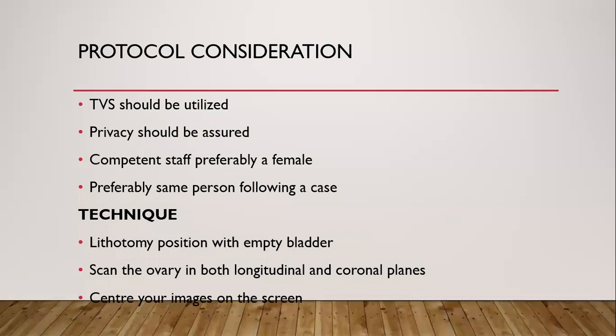Let's say transabdominally a cyst is measured at probably 2 by 2 centimeters. When you measure it transvaginally, it will be slightly higher. So we want the assessment or monitoring to be as close to accurate as possible as we monitor these mothers. So privacy is very paramount here.